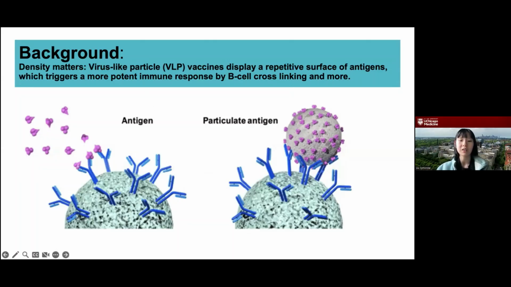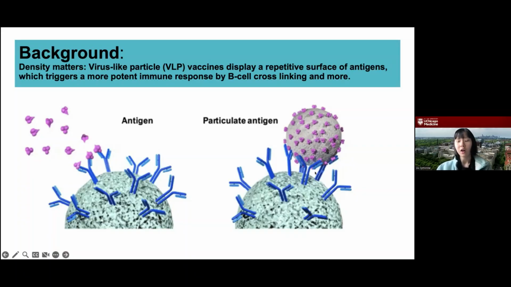So if we compare on the left-hand side these soluble antigens, you can see that if you have B cell receptors on the surface of your B cells, once your antigen binds to them, they're not able to cross-link between the B cell receptors. However, if those antigens are decorated on top of your virus-like particle, many times your B cell receptors will be binding to the same VLP, and that causes a lot of cross-linking in these stalk regions of the receptors.